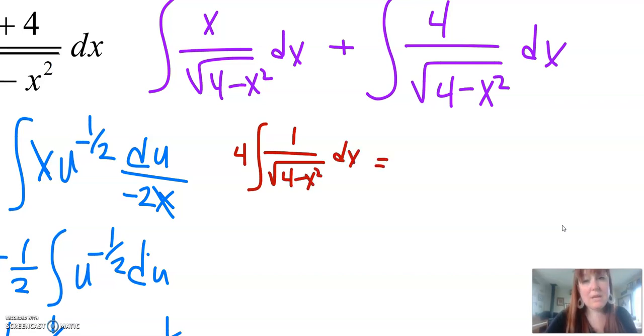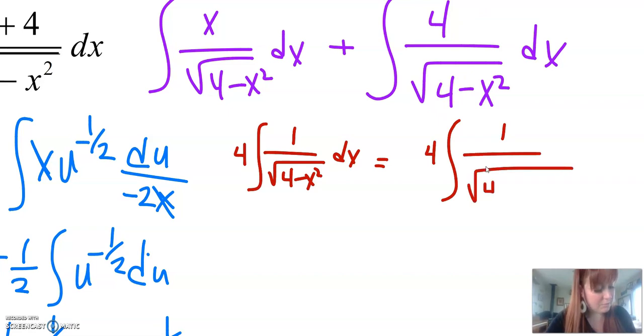Now instead of 4, we want this to be 1. So we have 4 times the integral of 1 over the square root, and we bring the 4 outside and get 1 minus x squared over 4, because I just divided both of them by 4.